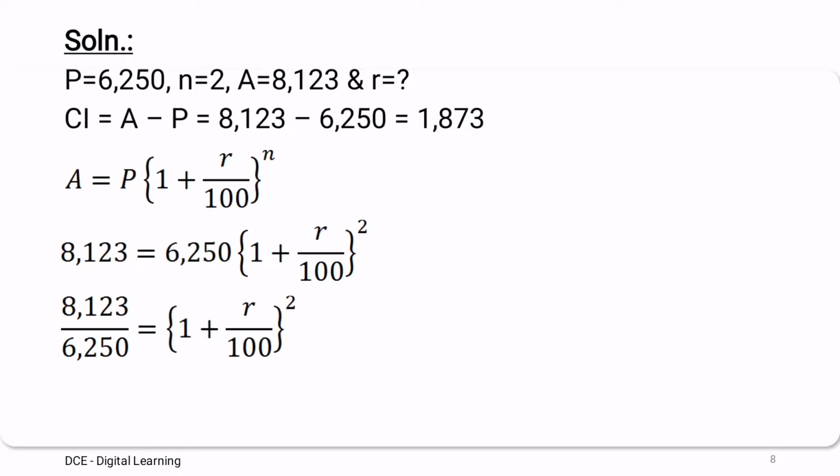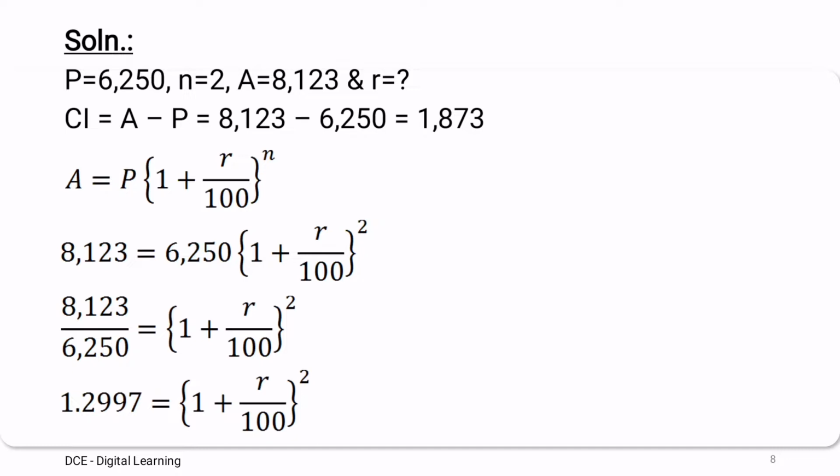Since it is multiplied with 1 plus R divided by 100 raised to 2 on the right hand side, when we take it to the left hand side, it turns into the denominator. The product sign is replaced by the division sign. So 8,123 divided by 6,250 equals 1 plus R divided by 100 raised to 2.